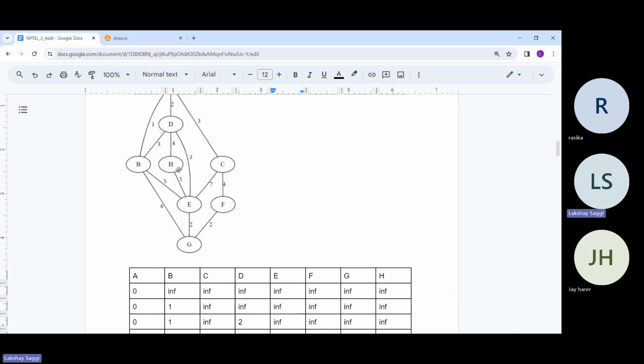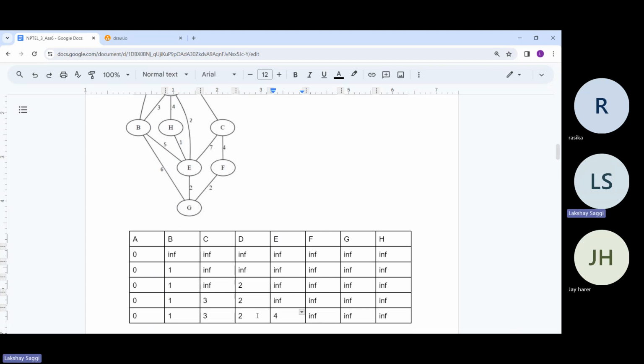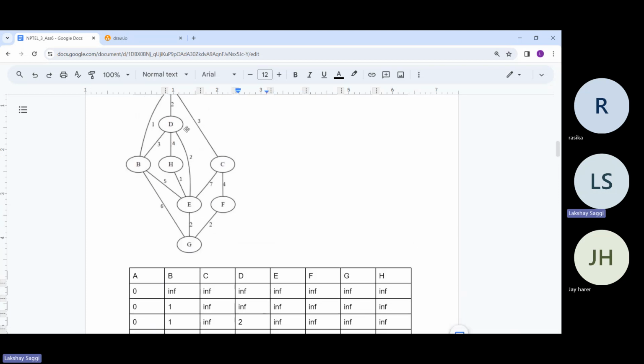So if H takes the path via E, then it will have a distance of 1 plus 4, which will be equal to 5. Whereas if H takes a path via D, D has a distance of 2, and the H and D edge has length 4. So H will have a distance of 6 from this side.